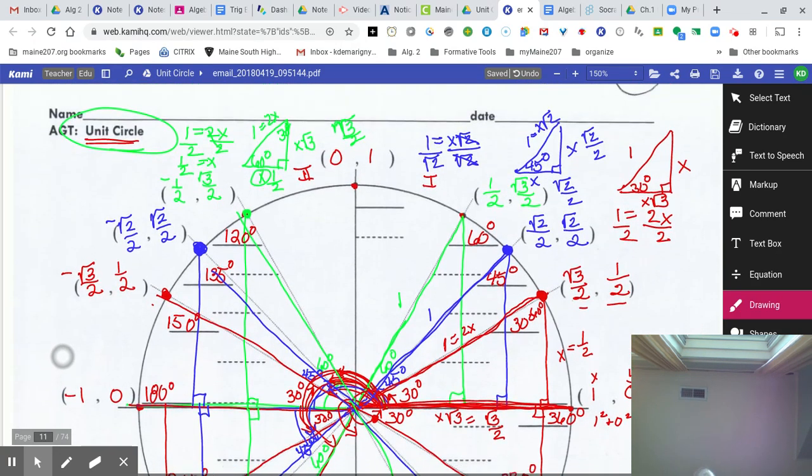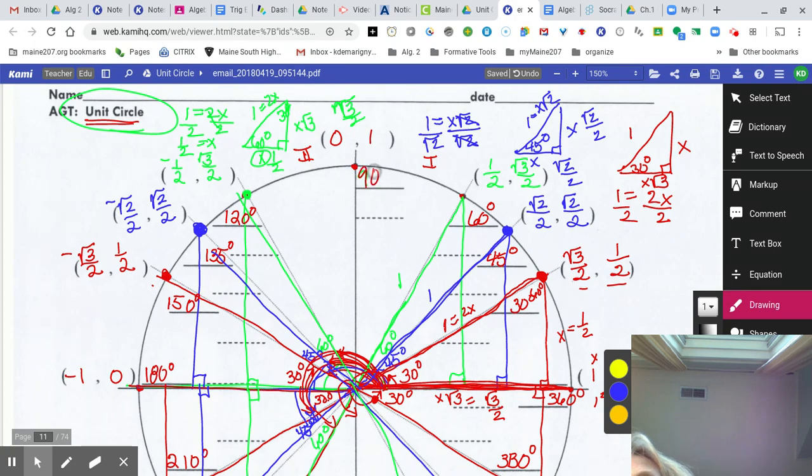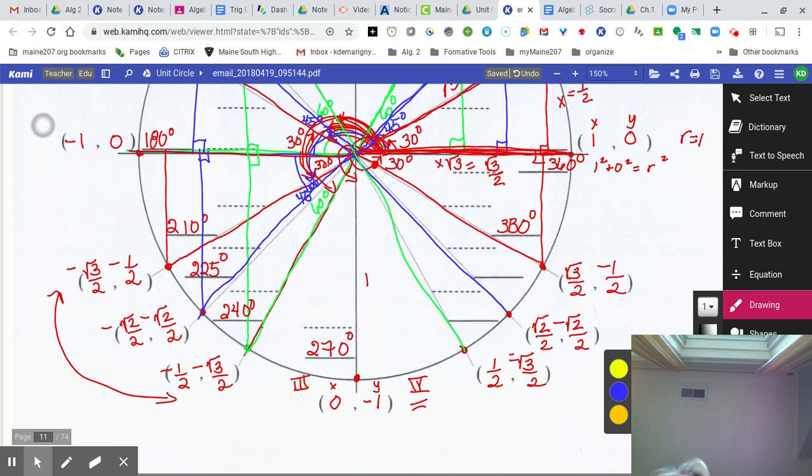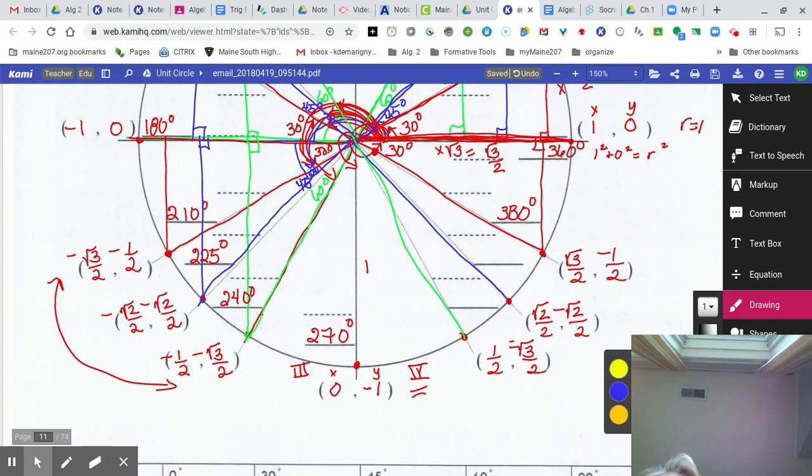Now, what I need you to do is to memorize. I didn't write this one in here, so let me make sure I go to red and write this in. This one is our 90 degree. All right, so let me make sure we filled everything in. There's 30, 45, 60, 90, 120, 135, 150, 180, 210, 225, 240, 270. Now, on the other side, I've gone 270.